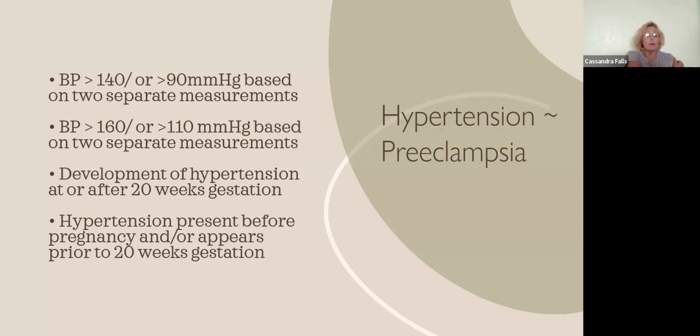Some other things that put you at moderate risk are if it's your first pregnancy with this current partner. We know that there is some aspect of dad having something to do with why you might be preeclamptic. We don't really know how that plays into it, but it does make a difference.